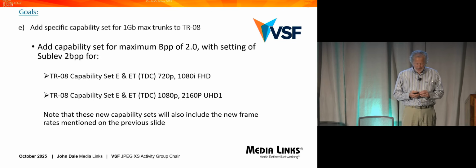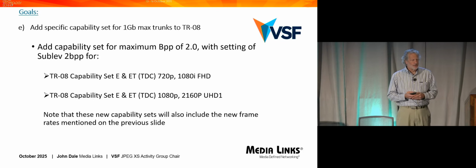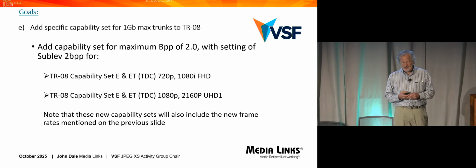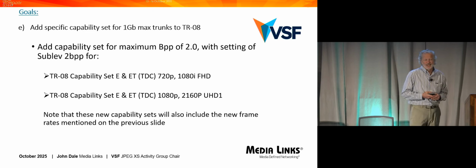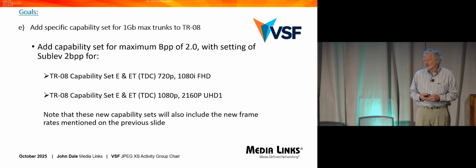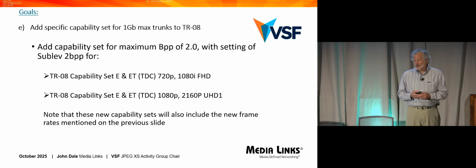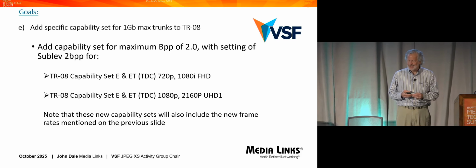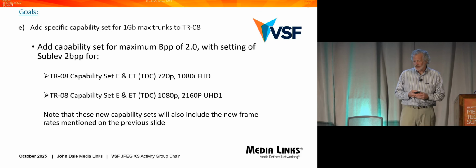So on TR-08, we added a capability set of 2 bits per pixel, which is a higher compression rate. This was to get all of the various formats to fit within a 1 gig transmission pipe. And with that, we allow higher compression. This capability set table E is just in TR-08.